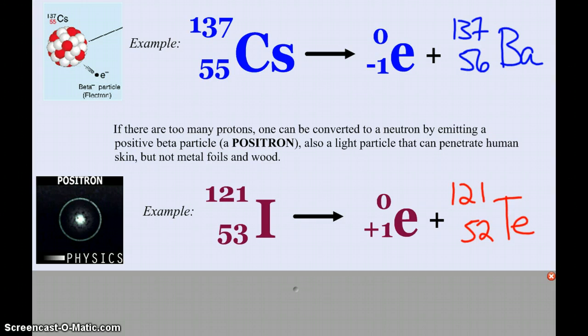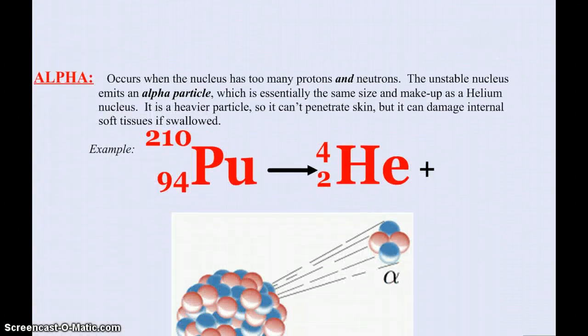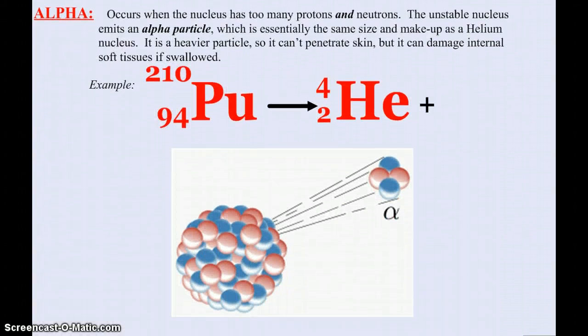A large particle that is typical of coming out of our larger unstable radioisotopes is an alpha particle. Our nucleus has too many protons and neutrons, and so this large chunk, large atomically speaking, comes out of the nucleus. It's essentially the size of a helium atom, 2 protons and 2 neutrons, and so we give it the symbol of 4 2 He.